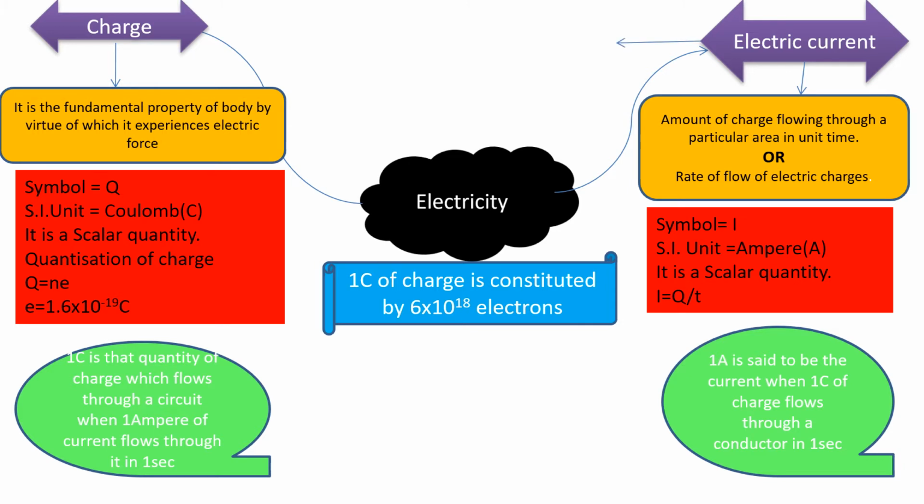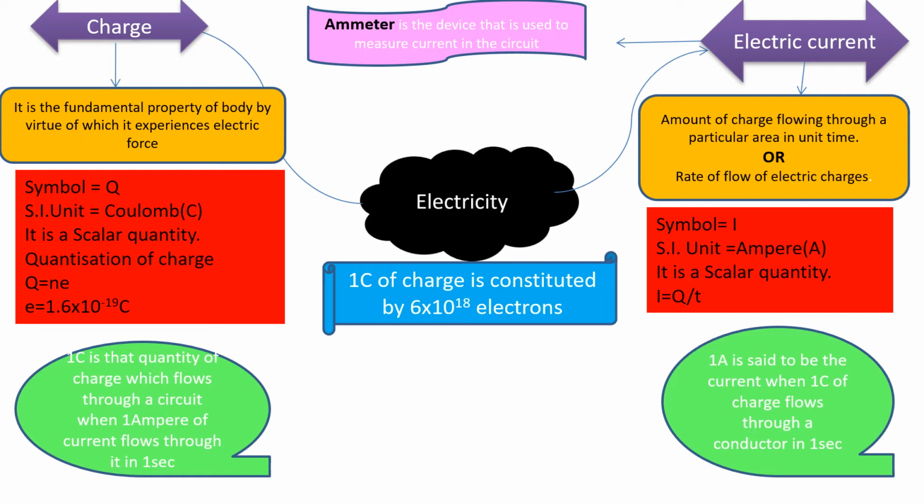Now moving ahead. For electric current, we have to use a device to measure how much electric current is there in the circuit. So now we have to see how we will measure electric current.